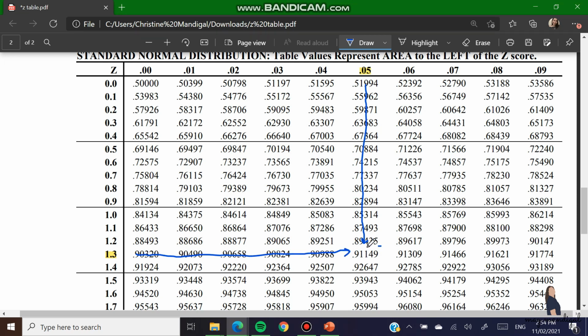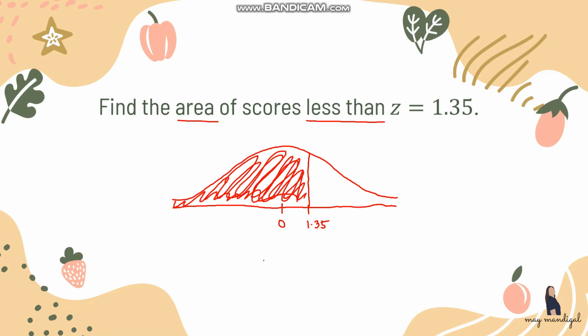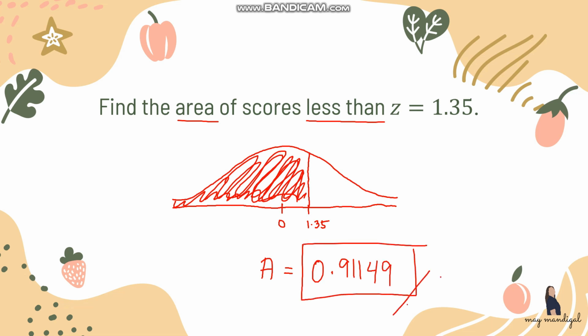So they will meet at this point, which is 0.91149, and that means that will now be the area of our scores less than the z-score 1.35. So let's write here the area now is 0.91149. So that is now the area.